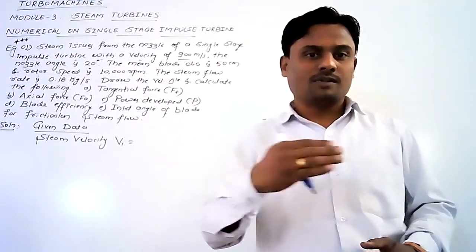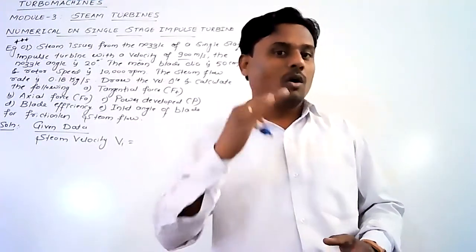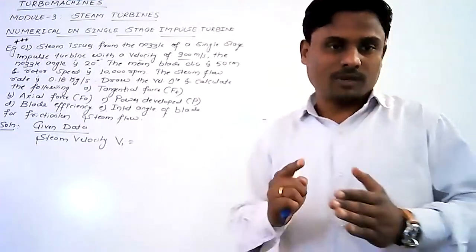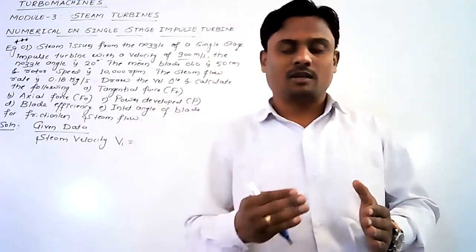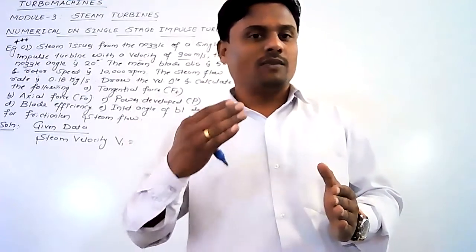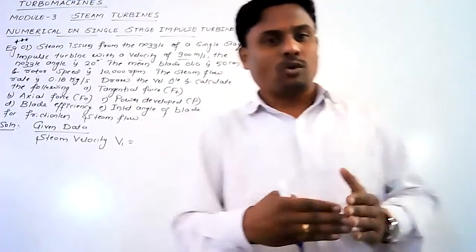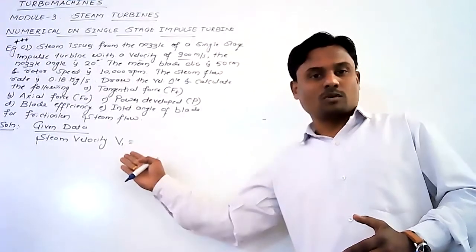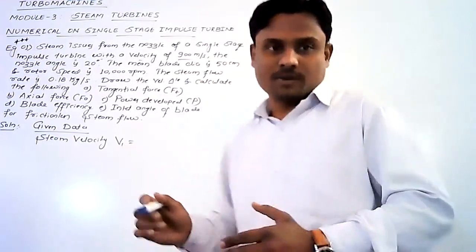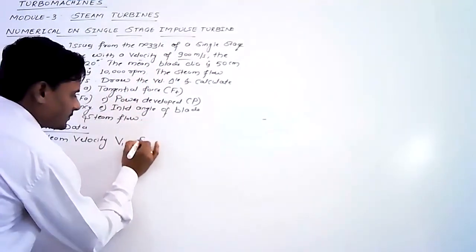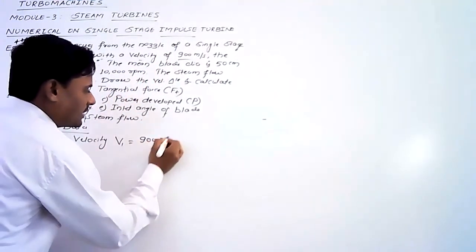Sometimes they will say the velocity at which steam hits the first row of blades; in that case also you have to take V1. So the velocity V1 is 900 meter per second.